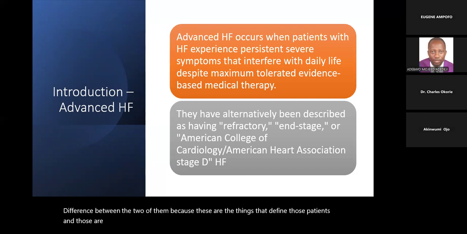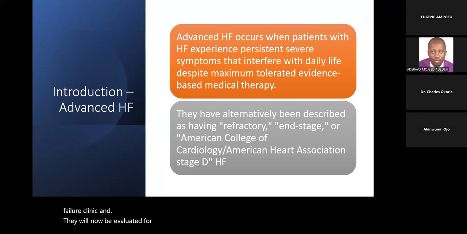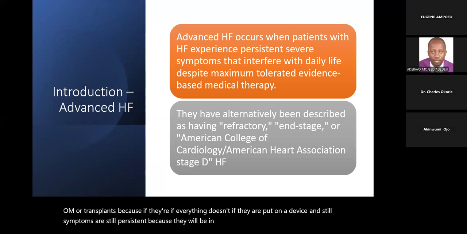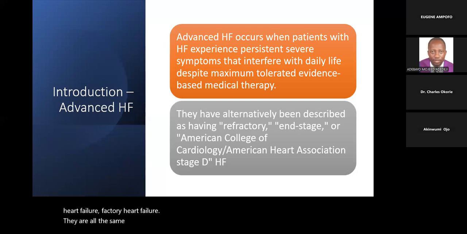Those are the patients that will be referred to an advanced heart failure clinic, and they will be evaluated further for either devices or transplants, because if they are put on a device and symptoms are still persistent, they will be in NYHA class 3 or 4, and they are the ones that will finally be put on the transplant list and eventually get a transplant. So advanced heart failure, refractory heart failure, end stage heart failure, they are all the same thing.